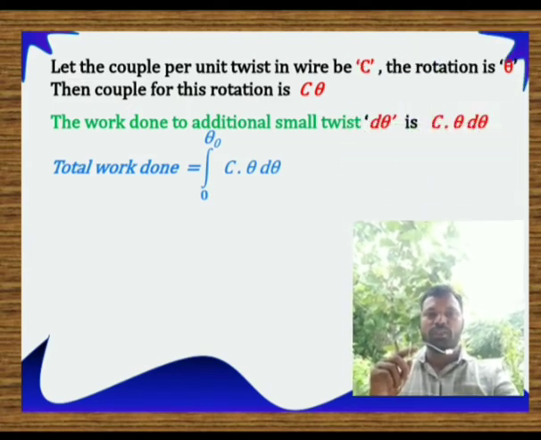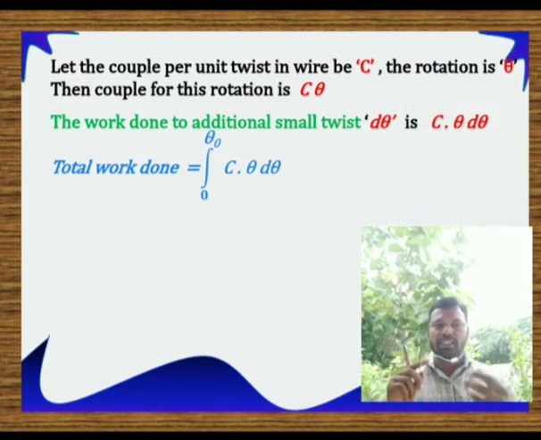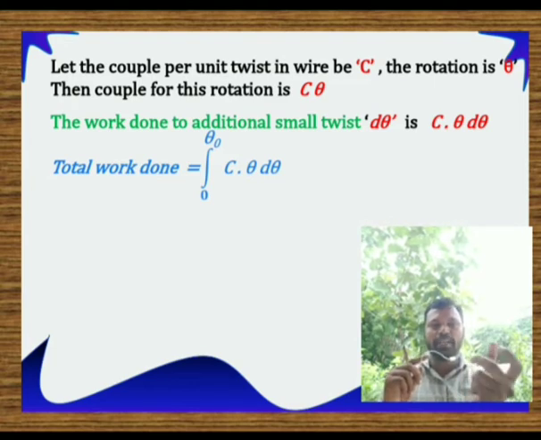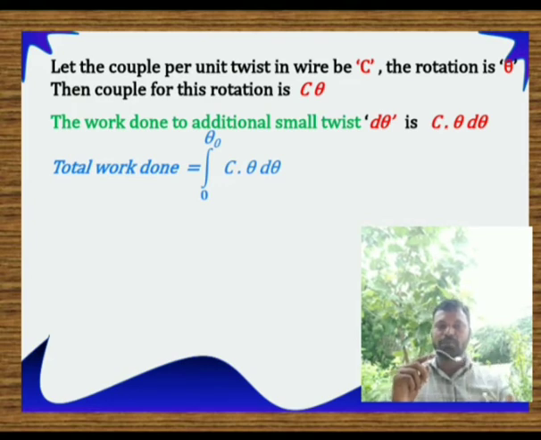Now, when this couple acts on the coil, it becomes rotated, so twist is happening. The couple acting on the coil is tau. Because of this tau, the coil gets oscillated, that means twisted.